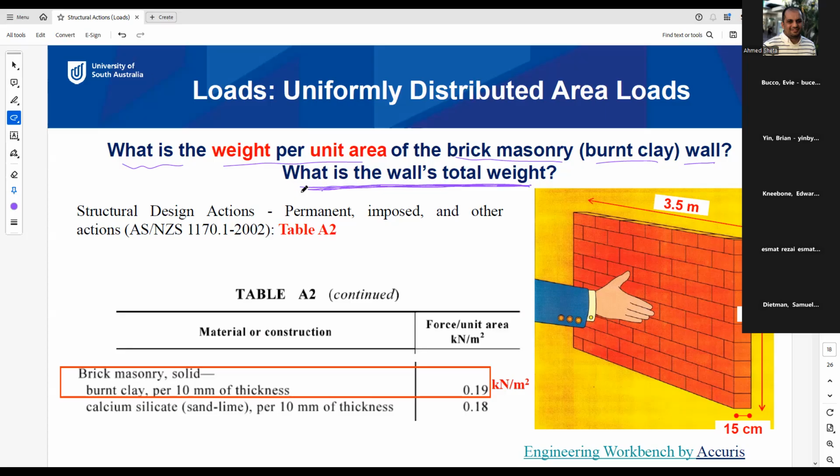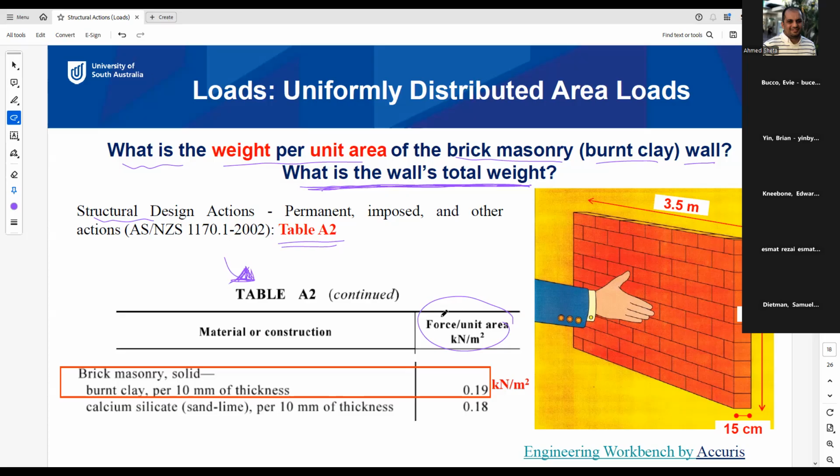So here, structure design action, table A2. This type of material will be found in table A2. Another difference here is that the weight of this material is given as force per unit area.